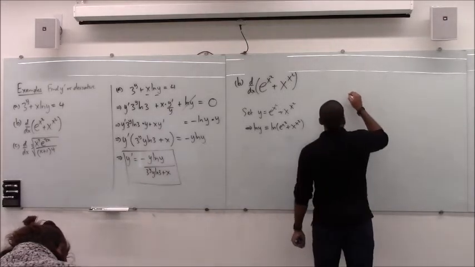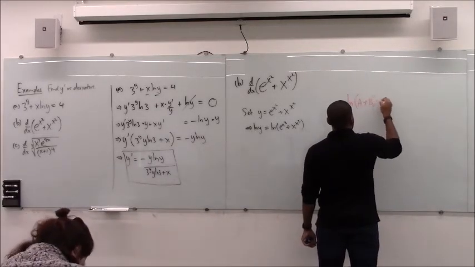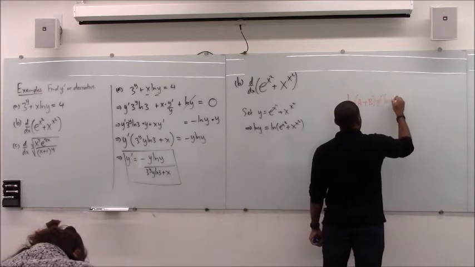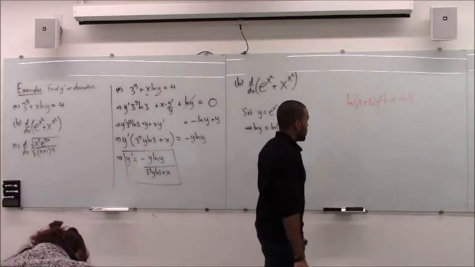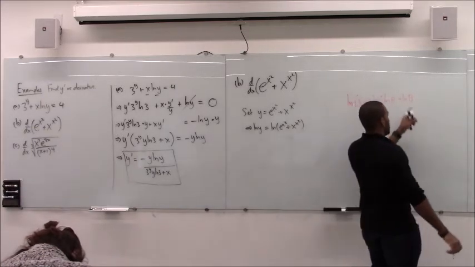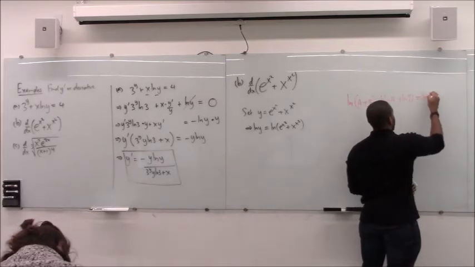So remember, if you have ln of a plus b, it is not the same as ln of a plus ln of b. In fact, what is ln of a plus ln of b equal to? It's ln of a times b.